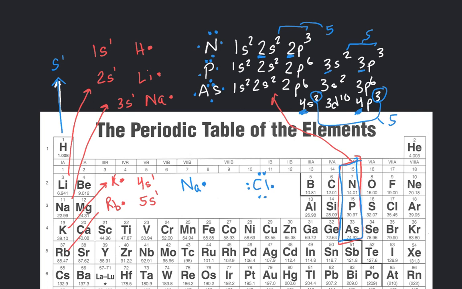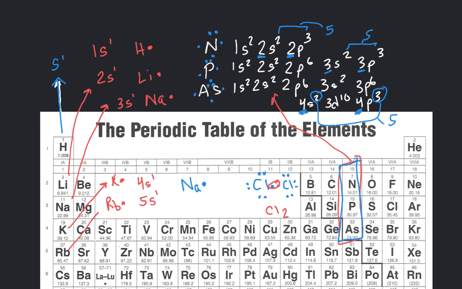So chlorine will tend to bond with itself. It'll share 2 electrons to make a bond to become Cl2, which is a molecule. And chlorine gas, Cl2, will kill you. It's poisonous.